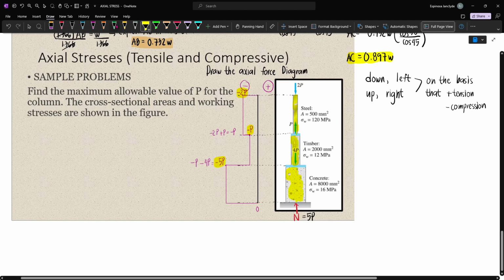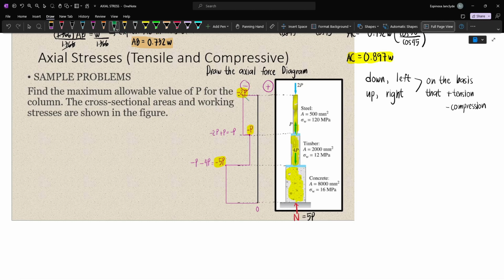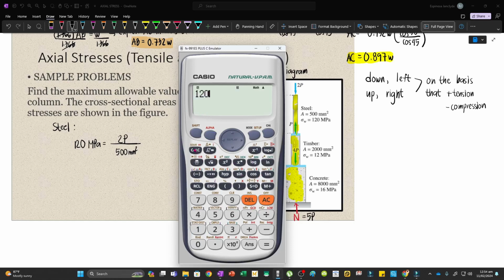And so now, we will solve the individual values of P. First, we will consider the steel section. For steel, our allowable stress is 120 MPa, and then our cross-sectional area is 500 mm squared. And so using stress is equal to force over area, we have 120 MPa is equal to 2P, because that's carried by the steel, divided by the area, which is 500 mm squared.